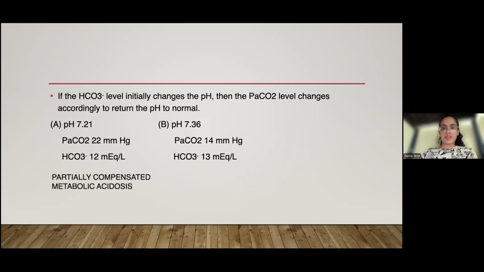In the next question, it is also metabolic acidosis, but the PaCO2 has reduced some more and the pH is in the normal range, which is 7.36. So it is a fully compensated metabolic acidosis.